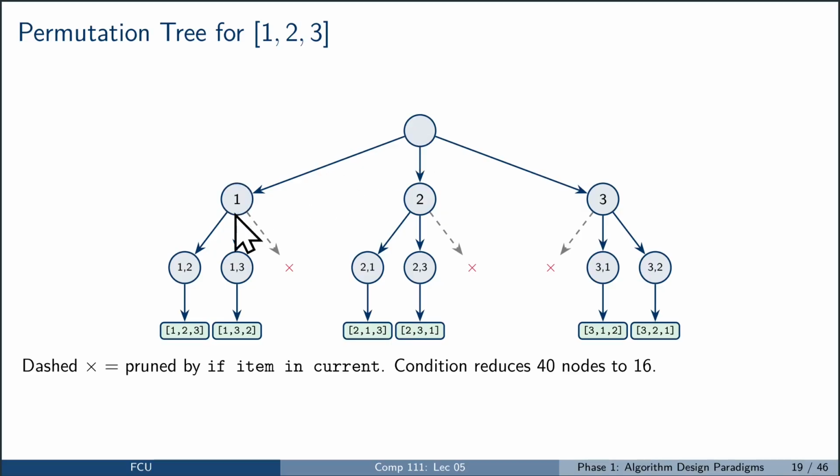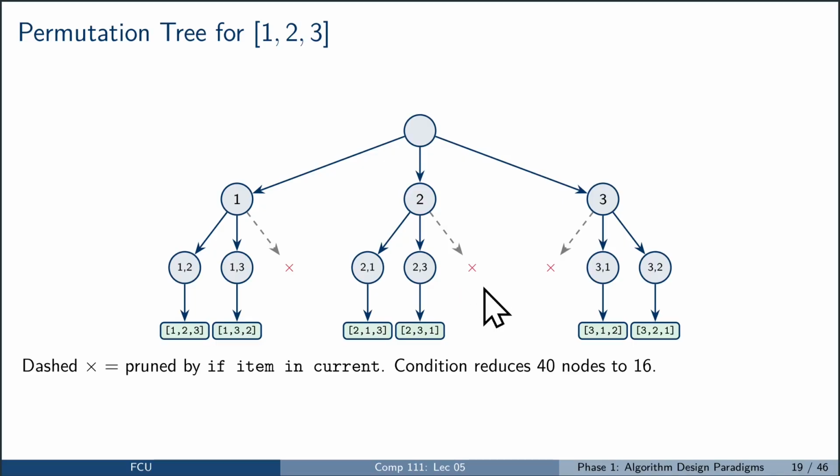Once we have chosen 1, either we can choose 2 or we can choose 3, but we cannot choose 1. That decision is not valid. That's out of the question. We cannot do that again. Similarly, if we are at the decision point 2, you can choose 1, you can choose 3, but you cannot choose 2. So that's also out of the question here.